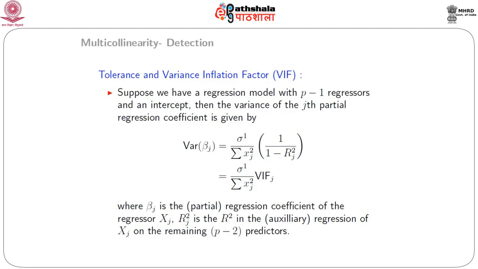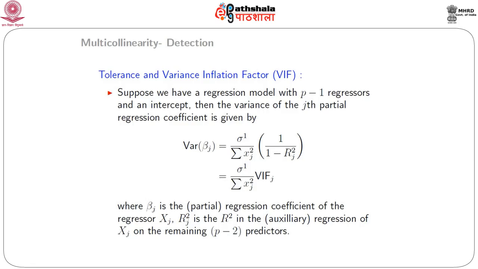Suppose we have a regression model where there are p minus 1 regressors and an intercept, which means a total of p regression coefficients. Then the variance of the jth partial regression coefficient, beta j, will be given by variance of beta j equals sigma square divided by summation xj square times 1 divided by 1 minus rj square, which can be written in terms of the variance inflation factor.